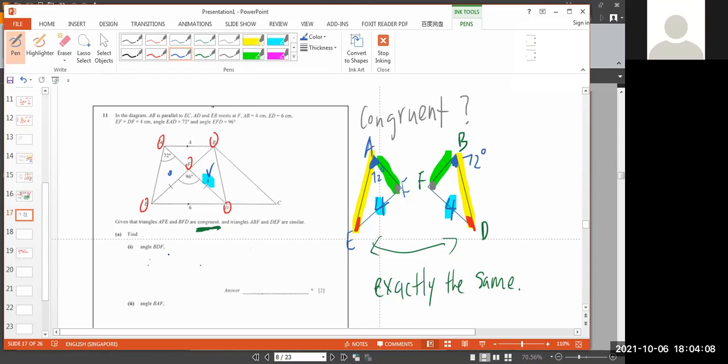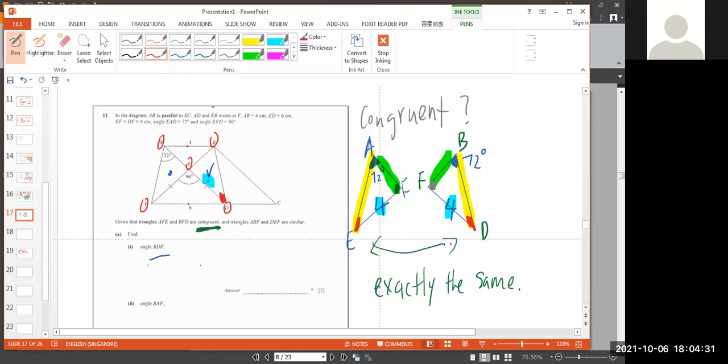Angle BDF. Where's BDF? BDF means here. So they want you to find this angle. This angle is this red angle here. So I'm going to use red here just to match. So basically they want you to find this. How do you find this, by the way?